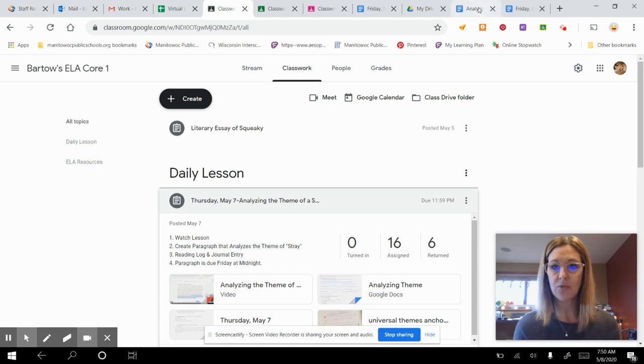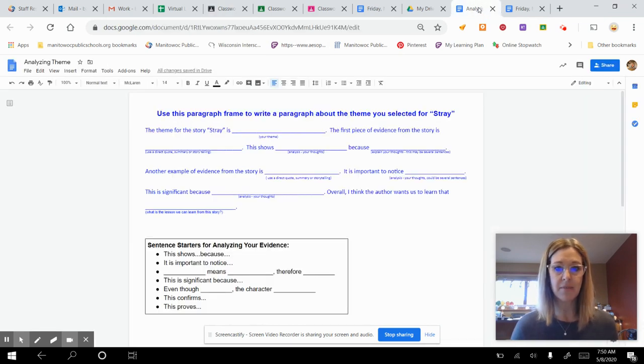So going back to analyzing theme, I did provide you with this document. It's a paragraph frame that you can actually copy and plug in your own thinking. So the theme of the story Stray is, and then you get to pick a theme.